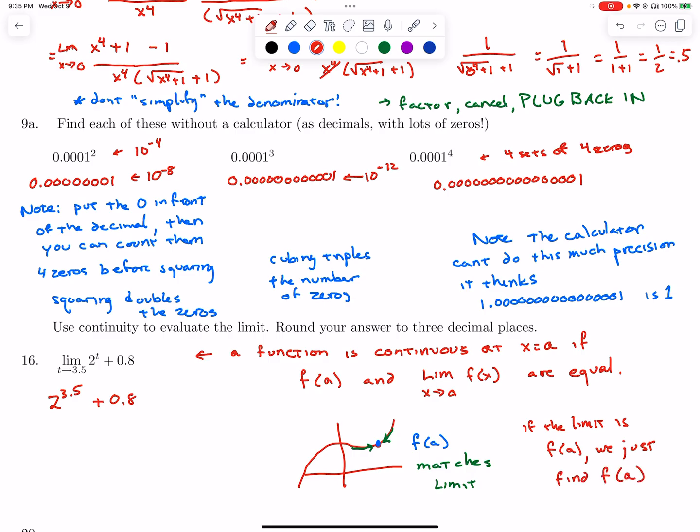Okay, so calculator says that's 12.114. And the moral of the story is always just plug the number in first.